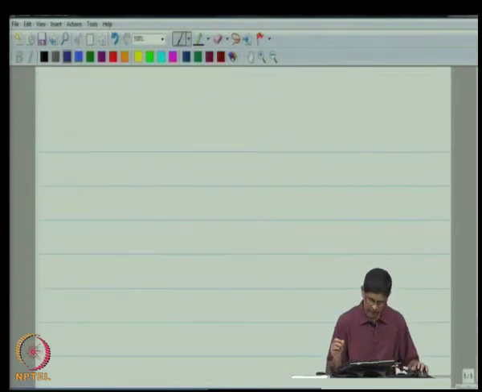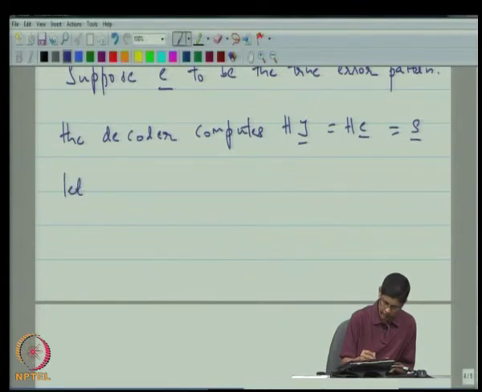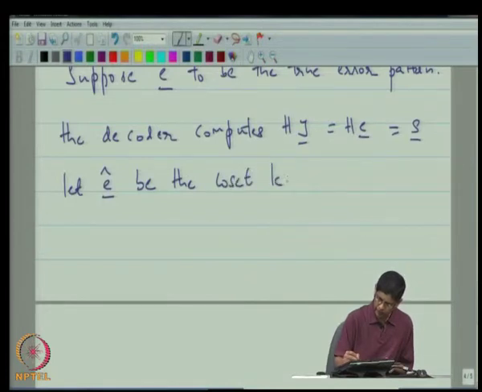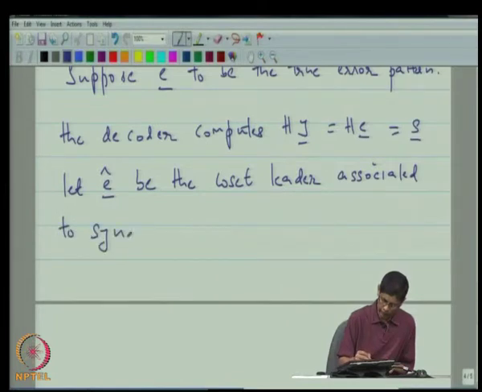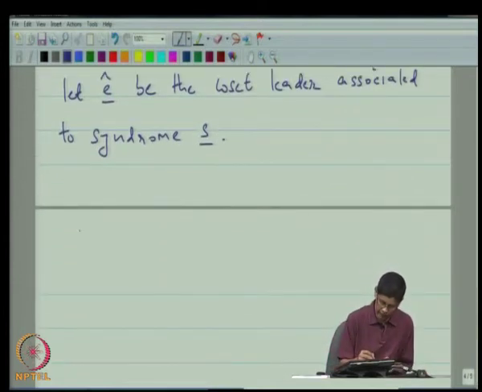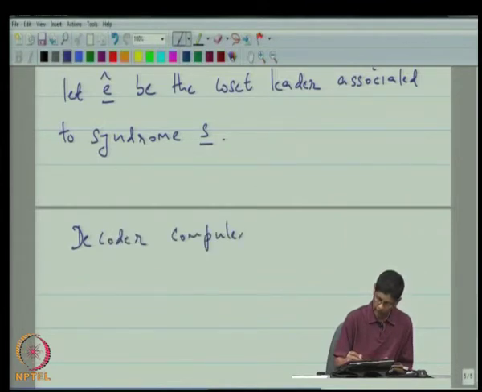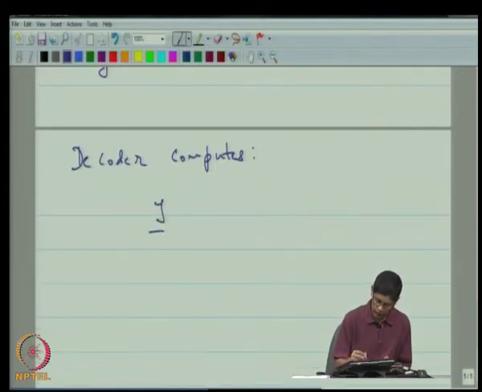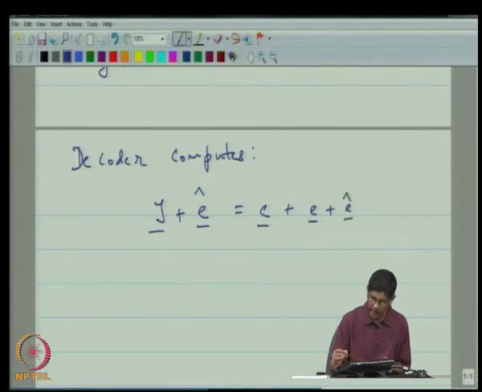Next, let E hat be the coset leader associated to syndrome S. Then the decoder computes Y plus E hat, which is C plus E plus E hat.